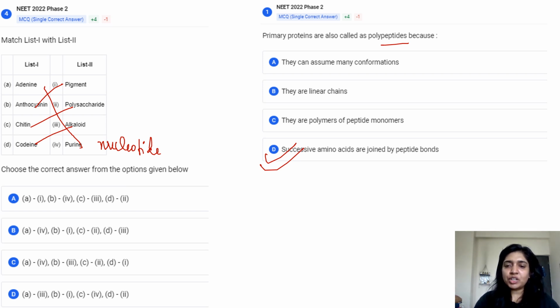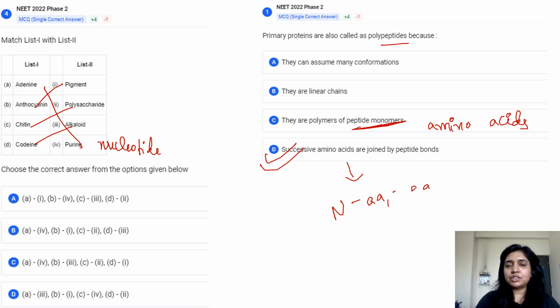It makes sense, but polypeptides being a linear chain does not have any relation. Then they are polymers of peptide monomers. This word is wrong. They are polymers of amino acids. Alright, so this is how you solve these questions, and this is the same thing: N terminal, then amino acid 1, amino acid 2, amino acid 3, amino acid N, and C terminal.